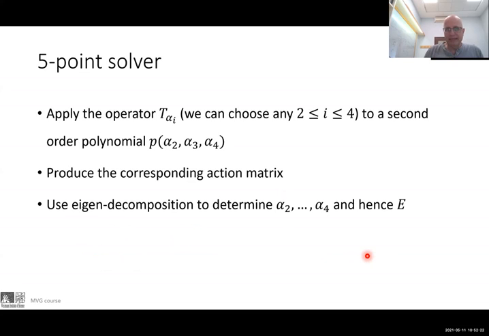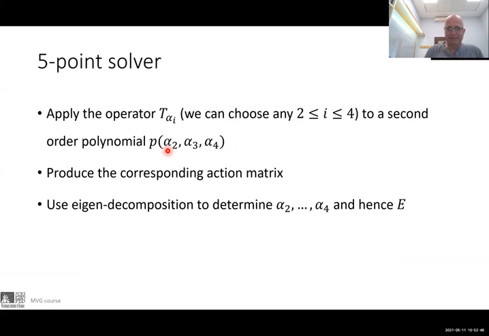And next, we form an action matrix. We take a quadratic polynomial, second order, and multiply it by one of the alphas, let's say alpha 2. We can choose any of them. We get a cubic polynomial.